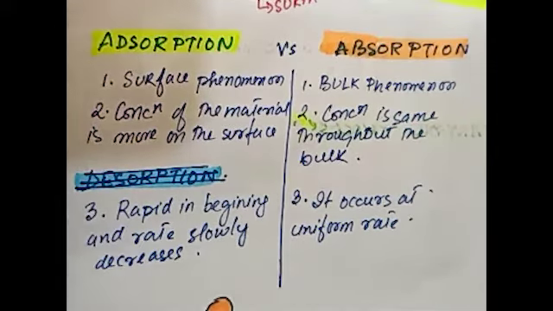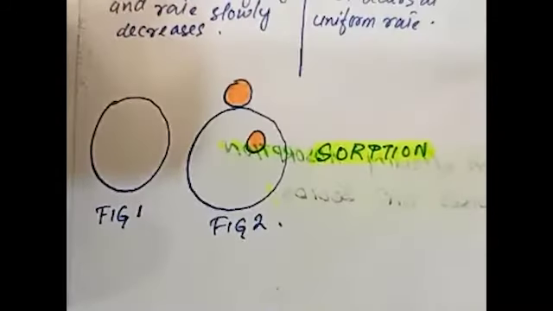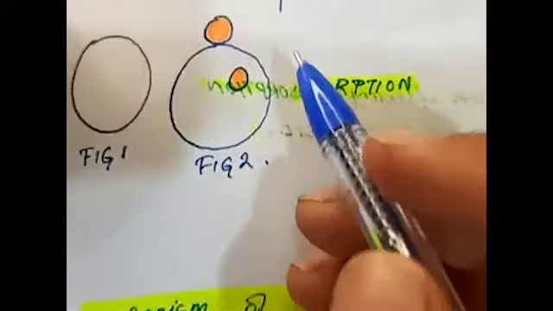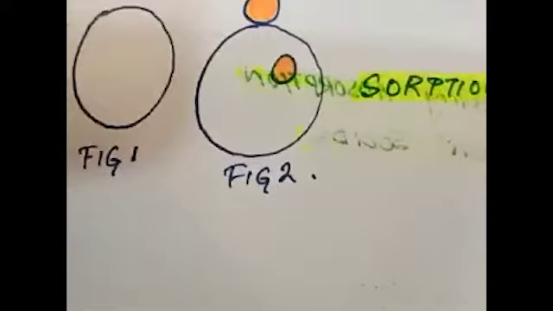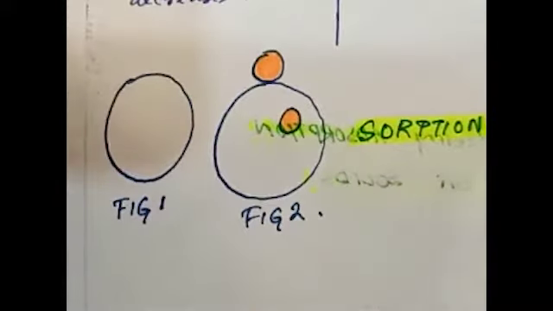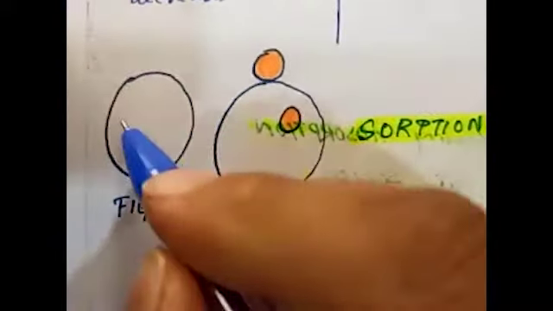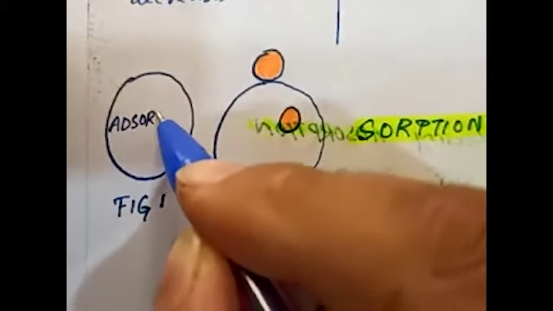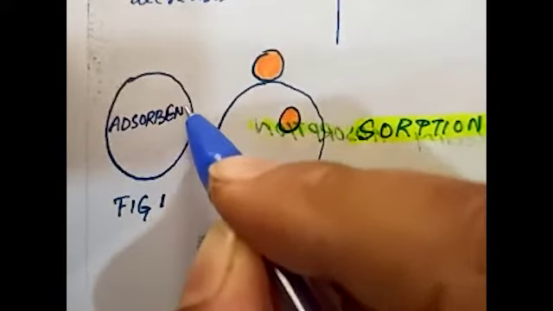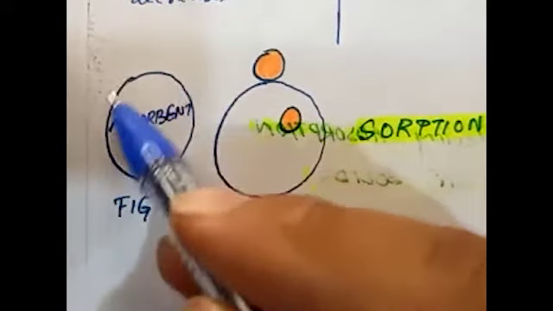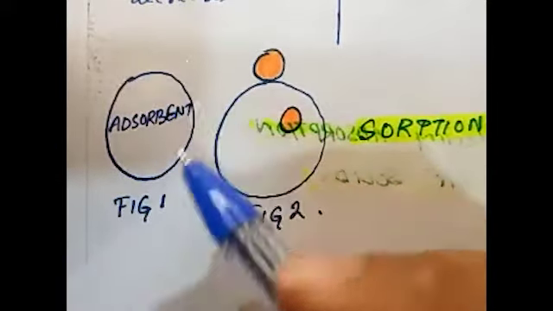Fine. Next, suppose I have taken this one particle. This is the adsorbent. Adsorbent means something on which things can get stuck, like a particle on which something can get stuck.